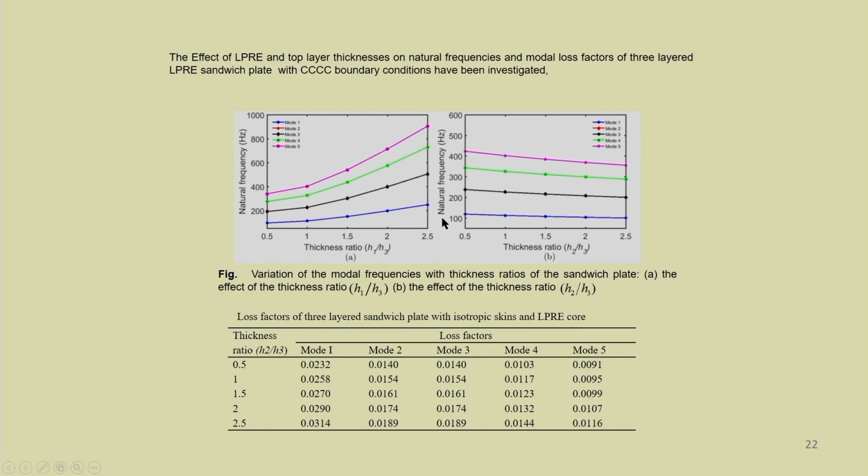Similarly, for different boundary conditions, the effect of the thickness ratio H2 by H3 is considered, and the effect of thickness ratio H1 by H3 is considered in the first case. H1 by H3 is for the top and bottom layer, and H2 by H3 is for the core material to the bottom material. That way it can be studied.